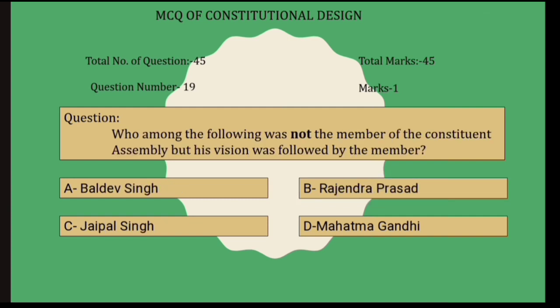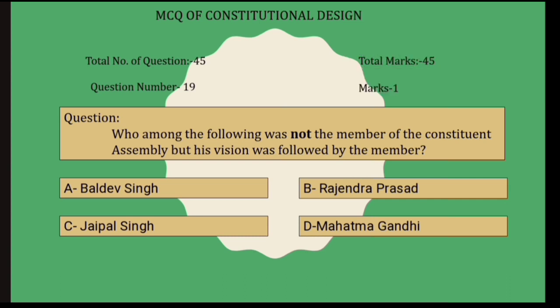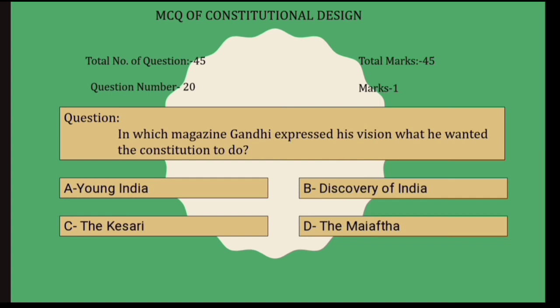Question 19. Who among the following was not the member of the Constituent Assembly, but his vision was followed by the members? Option A. Baldev Singh, B. Rajendra Prasad, C. Jaipal Singh, D. Mahatma Gandhi. Correct option is D. Mahatma Gandhi. Question 20.